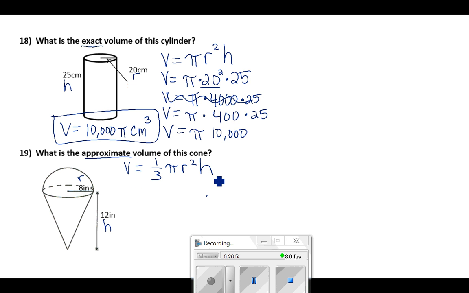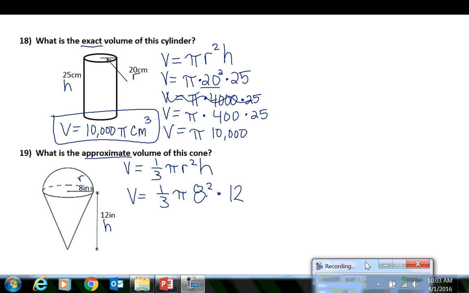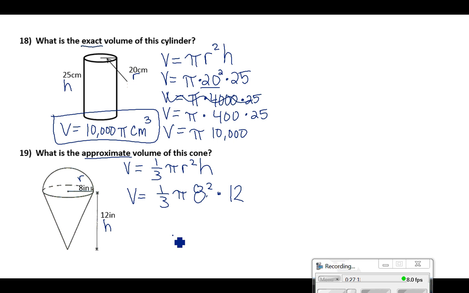Now we can substitute our numbers in. V equals 1/3 pi. R is 8, so 8 squared times, and the h is 12. So now we can do the multiplication, starting with the squaring and then multiplying it by 12. So V equals 1/3 pi times 64 times 12. We're going to continue to do the multiplication.